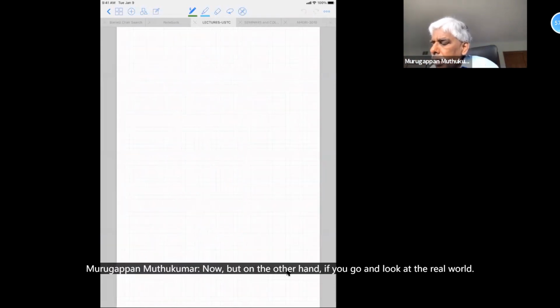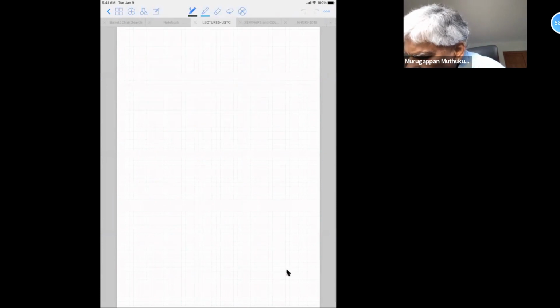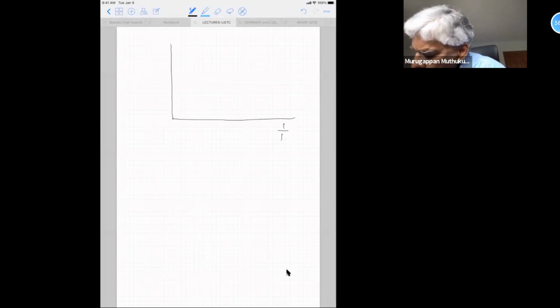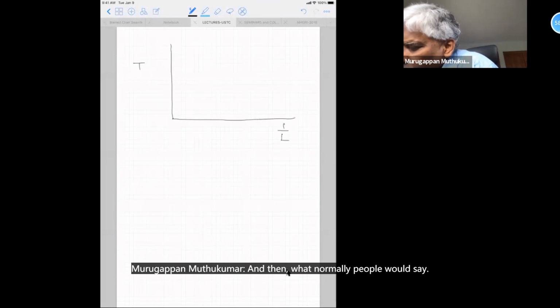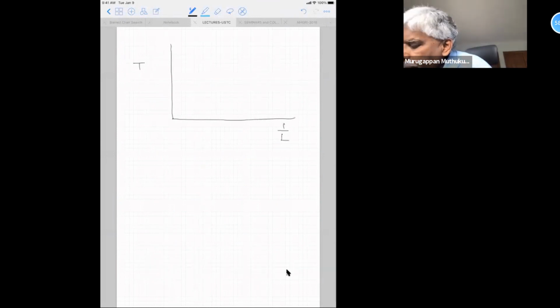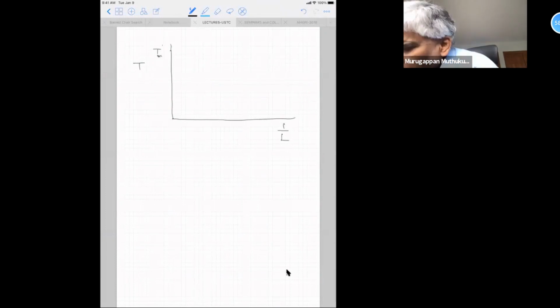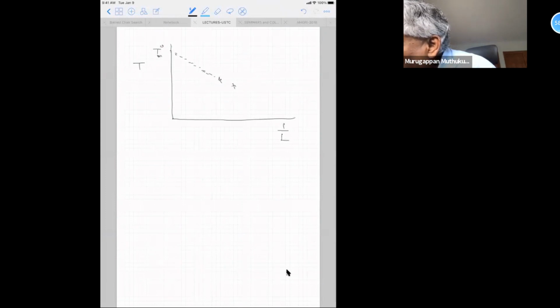But on the other hand, if you go and look at the real world, this is 1 over L, this is temperature, and then what normally people would say is this is my Tm0, and that is extrapolated from these data points.